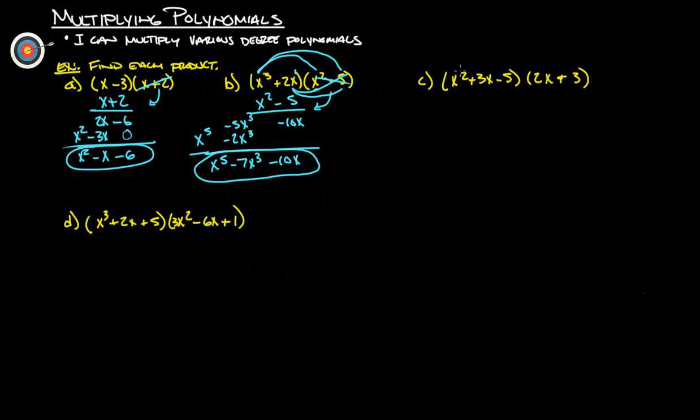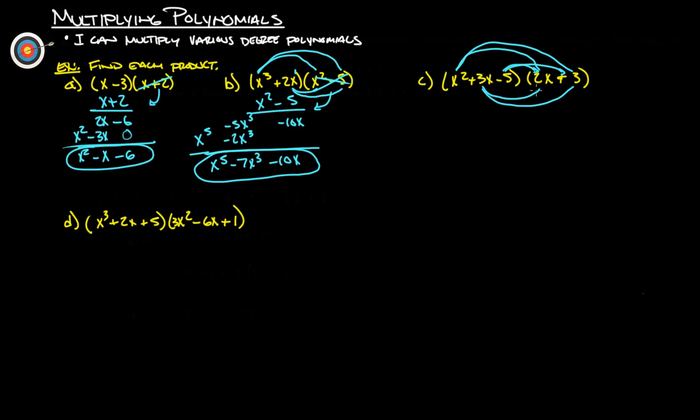If you're going to do that, what you'd want to do over here is go x squared times 2x, x squared times 3, and then we're also going to have to go 3x times 2x and 3x times 3, and then you're also going to have to do negative 5 times both of these. So negative 5 times 2x and negative 5 times 3. So it gets a little confusing with all the arrows.